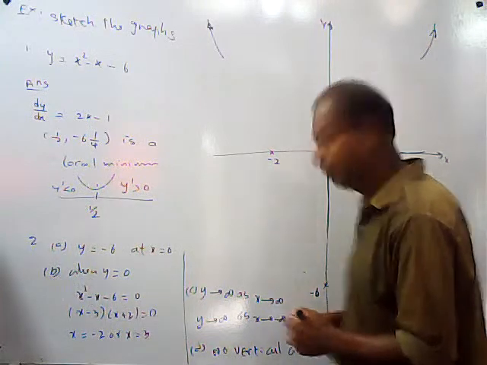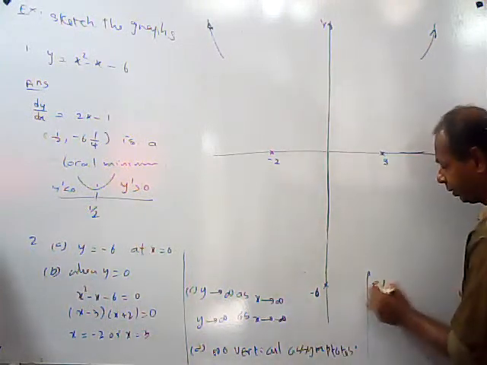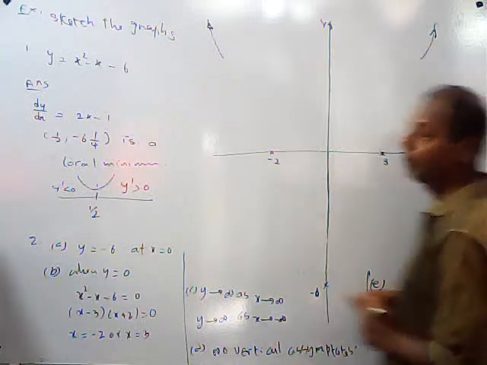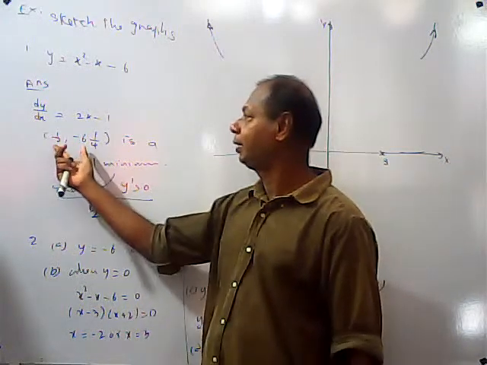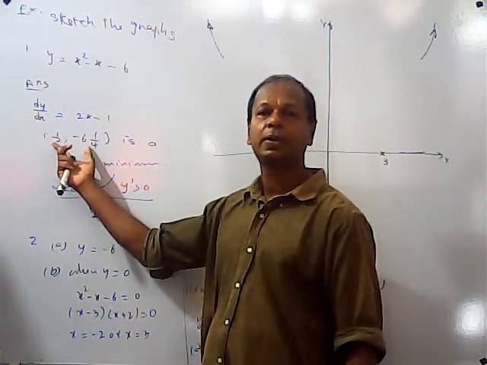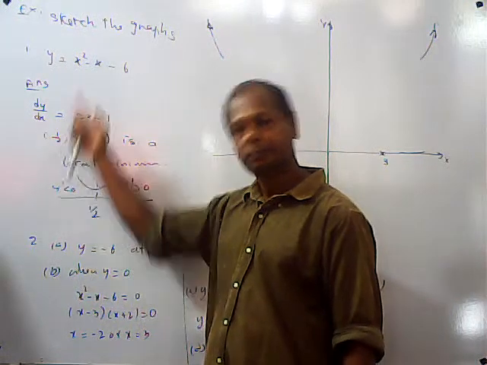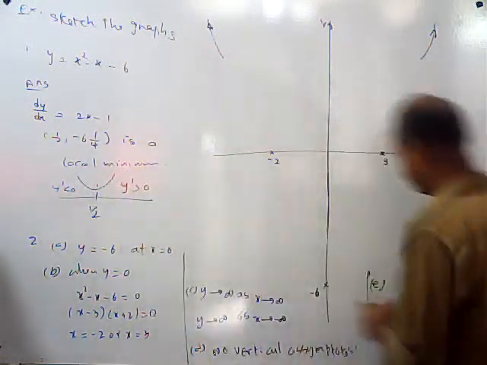And finally, we mark turning points. Here we found that half and minus 6 and a quarter is the local minimum.